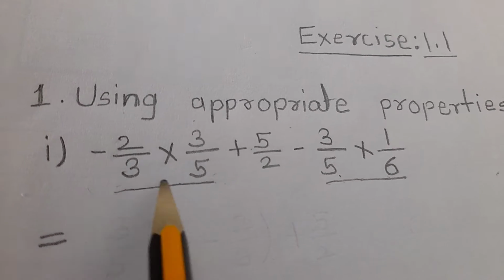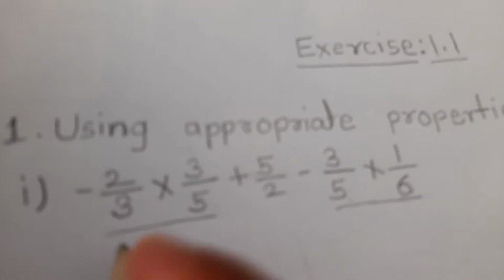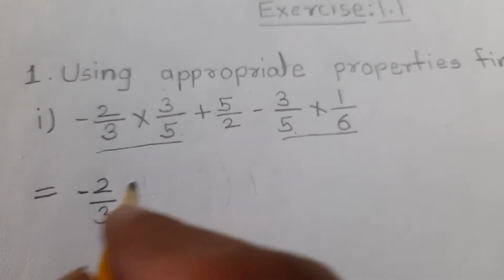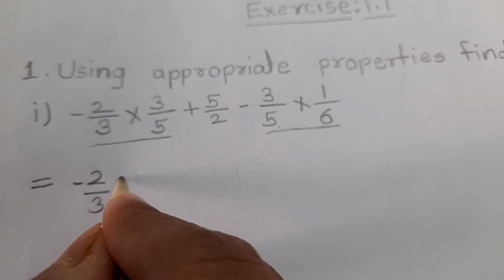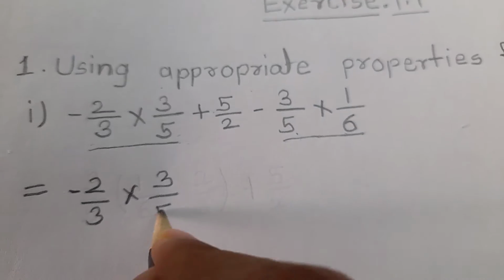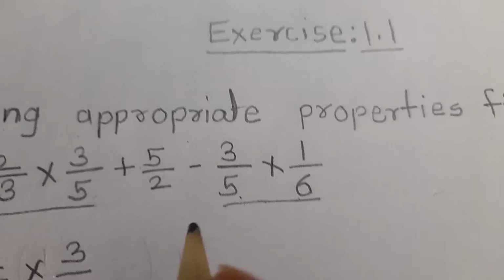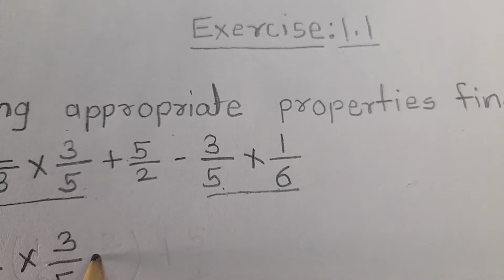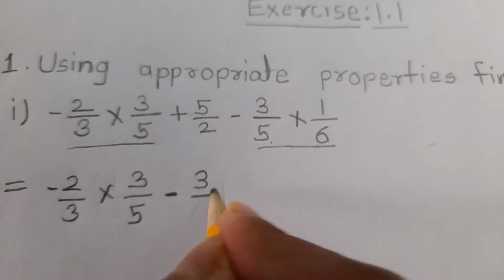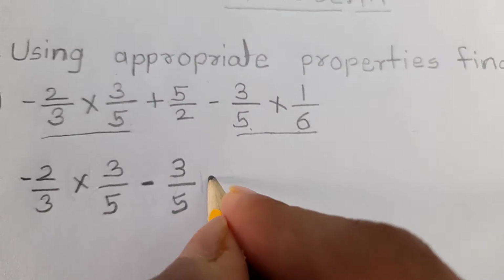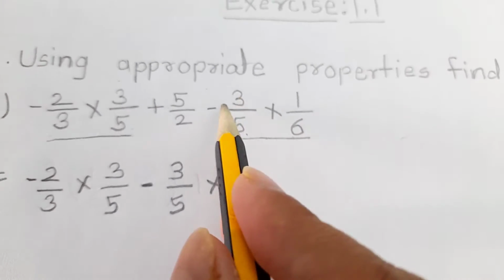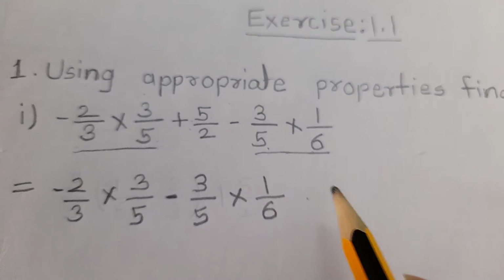So, let us write minus 2 upon 3 multiplied by 3 upon 5 first. And then we will write minus 3 upon 5 multiplied by 1 upon 6, plus 5 upon 2.